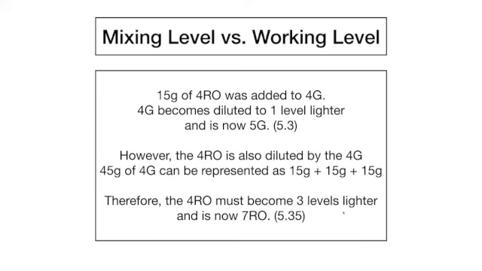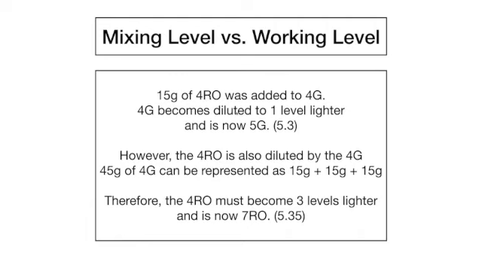But here's why. When 15 grams of 4RO was added to the 4G, remember, it's different. It's not gold, so it's red-orange. And don't think that red-orange is made up of gold and red, because it's not. It's a single dye. So when you added 15 grams of red-orange to the 4G, it was something different. G is different than red-orange. So the G becomes diluted to 1 level lighter.